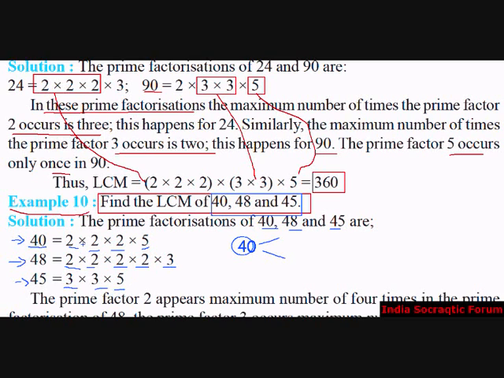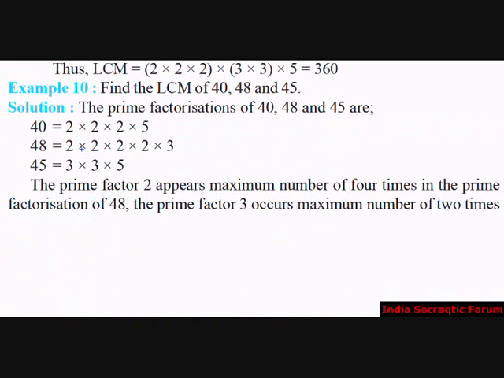When you look at it, in which case does 2 occur the maximum number of times? That is in case of 48, 2 into 2 into 2 into 2, 4 times. 5 occurs only once. 3 occurs a maximum of 2 times, right? So that is how we take up all these things.